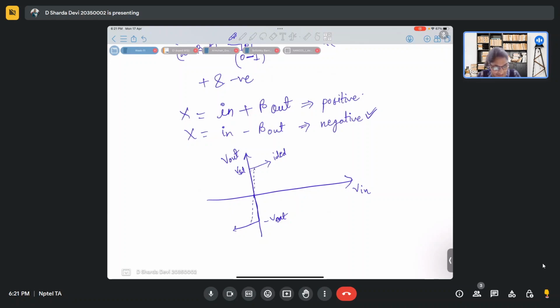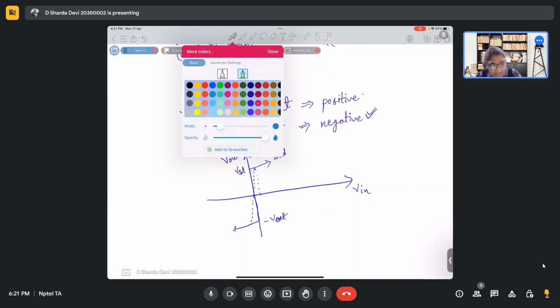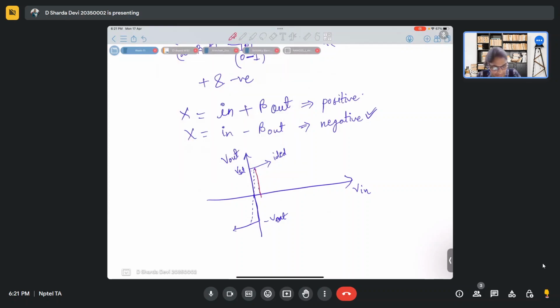But this range of inputs that you can give in an op-amp is very small. So in this small range, even noise, which has very small magnitude, will be amplified. And for any signal which goes beyond this range, it will always be a saturated output.